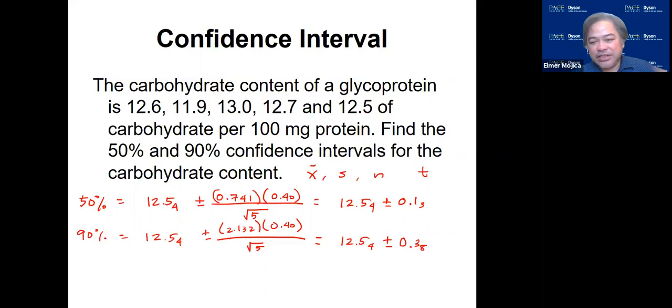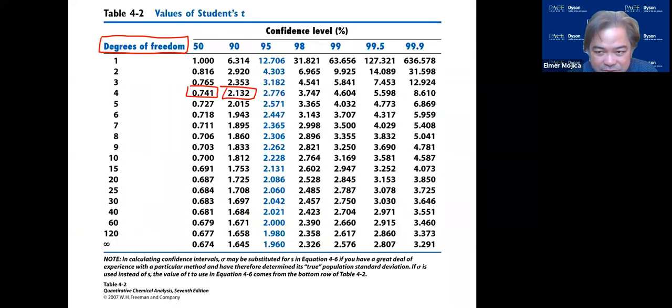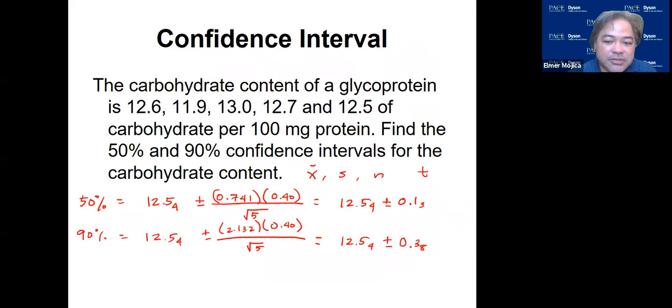The same thing, the lower the confidence interval, the narrower is the range of values where the true value may lie. So this is one way to use this so-called t-test. And you use it also for other calculations. One of them is just the confidence interval.